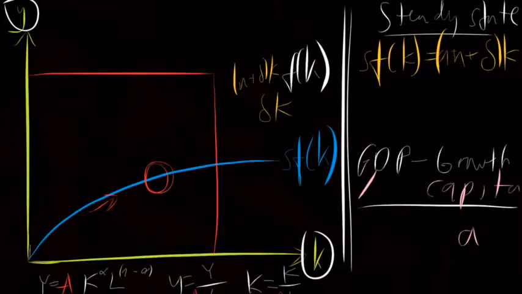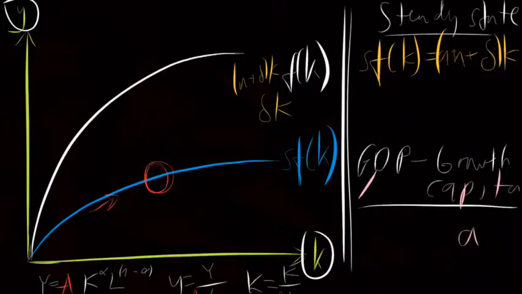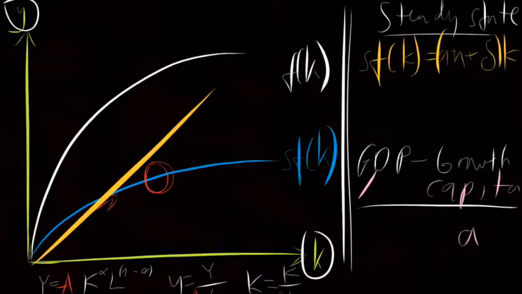Oops, I just deleted the production function. Let's never do that. Okay, like this. Alright, so I'm just gonna draw a new line here which says a plus n plus delta times k. Now the picture looks the same way.